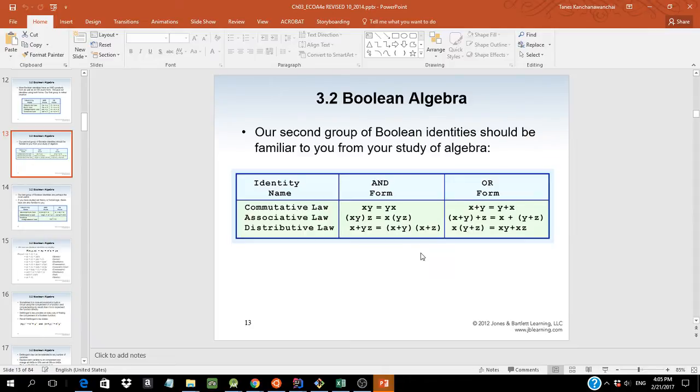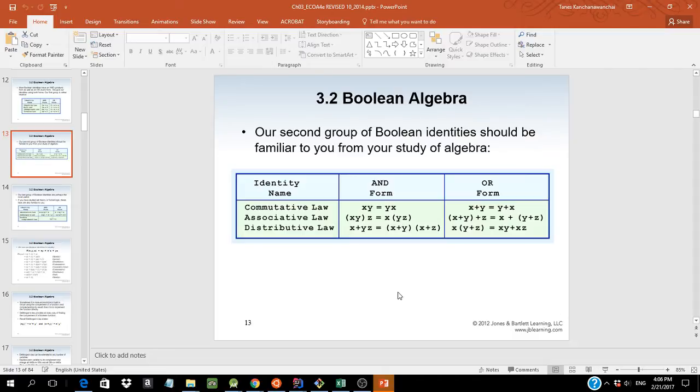So let's review that part again. x plus yz equals (x plus y)(x plus z).